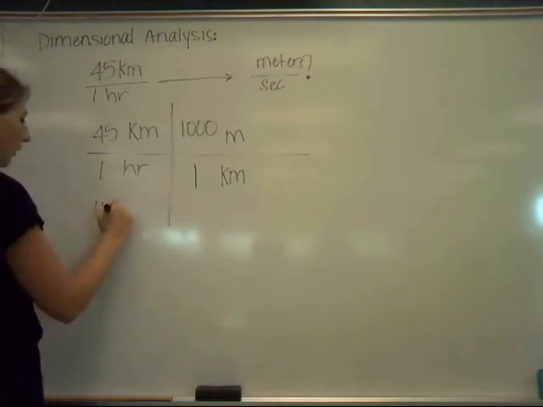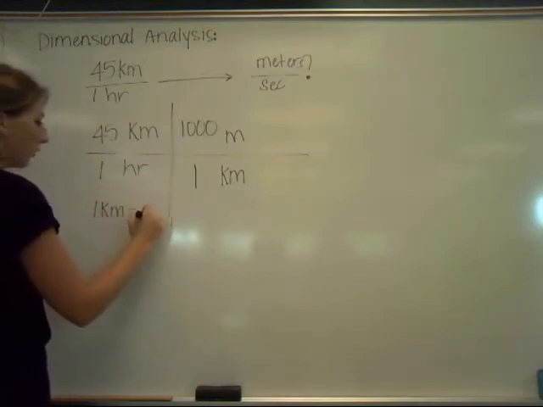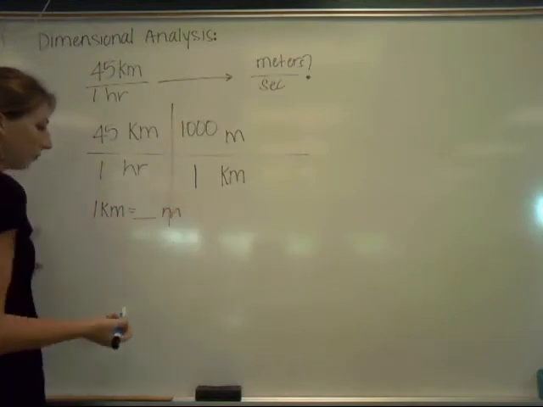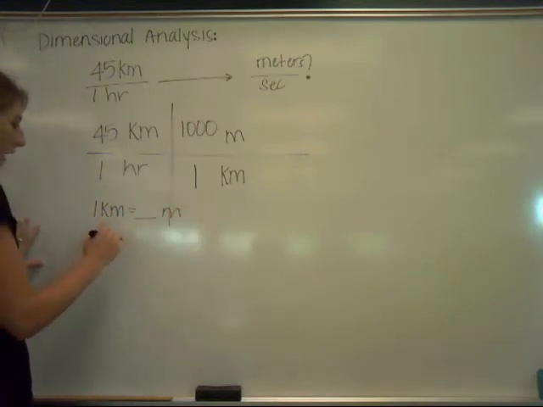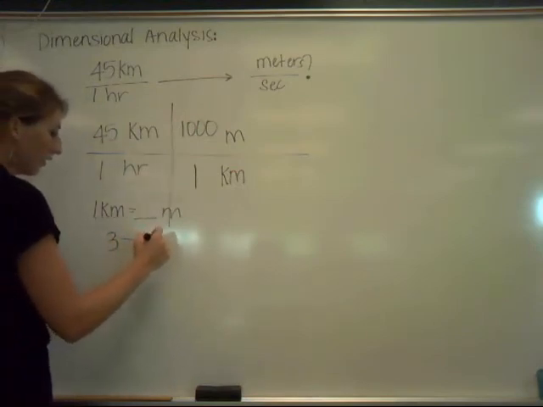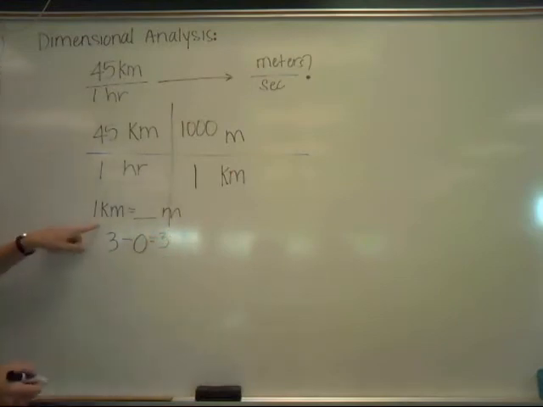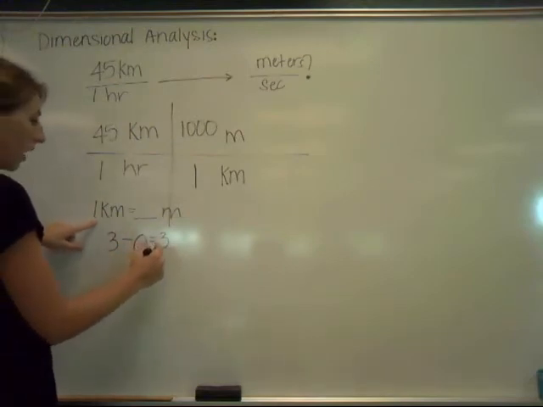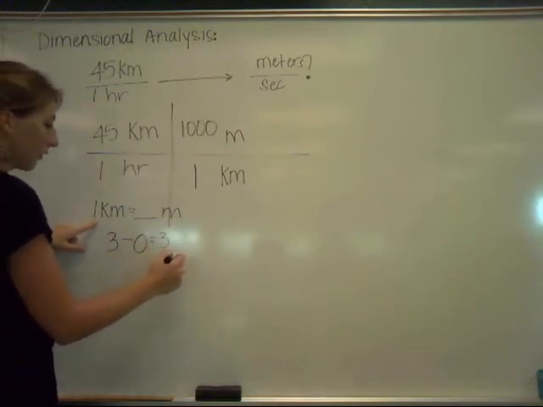You take 1 kilometer is equal to how many meters? Okay. Kilometers has an exponent on it of 3. You are going to a base unit, and that gives you 3. That means in order to get kilometers, you have to move 3 decimal places to the right. This number is positive, so you're moving to the right.